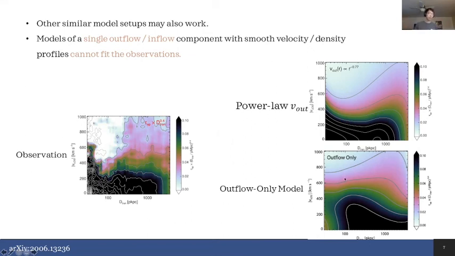However, the important part is that if we only use single inflow or outflow models, the model basically fails to fit the observation. That's a pretty strong signal that by increasing the spatial resolution using galaxy pairs, we are able to say that both inflow and outflow exist in this map.